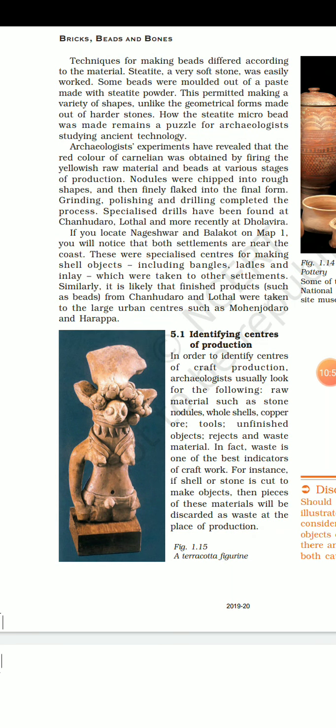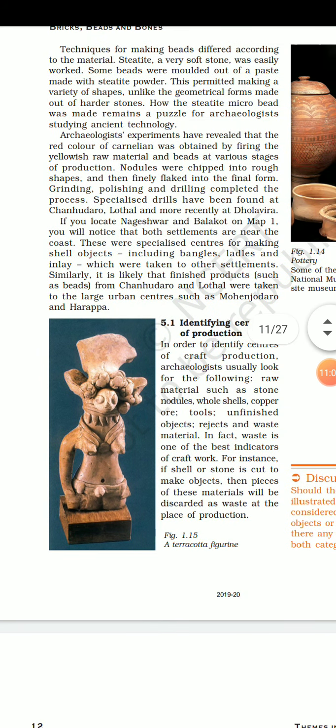Experiments have revealed that the red color of carnelian was obtained by firing the yellowish raw material. So archaeologists came to know how the red color of carnelian was obtained. Then they came to a conclusion that the red color of carnelian was obtained by firing the yellowish raw material.